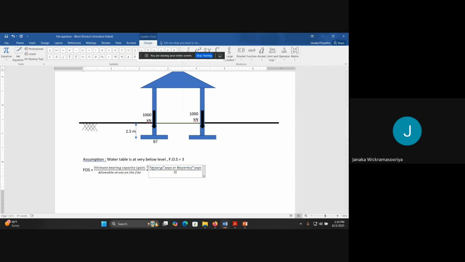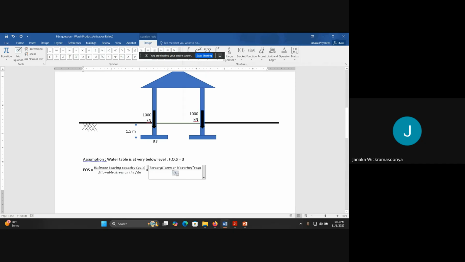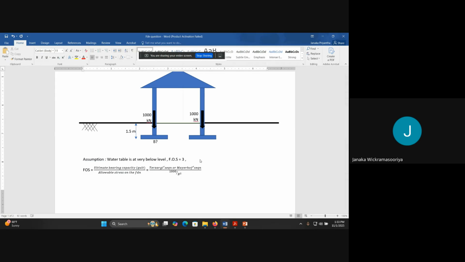And to determine the allowable stress in the denominator, you can take the stress as 1000 divided by B squared, because we will assume that the footing is square shaped.